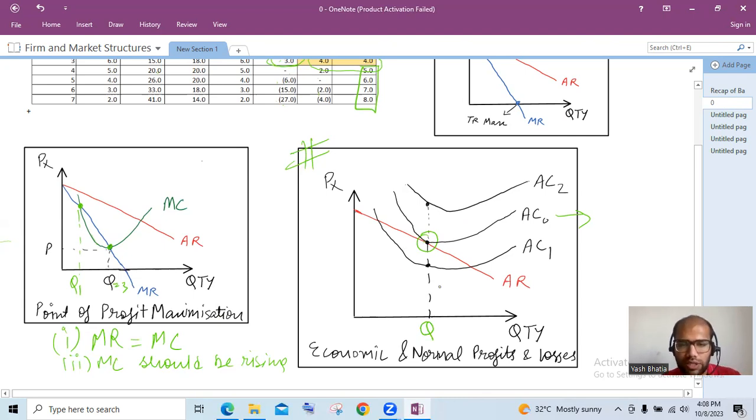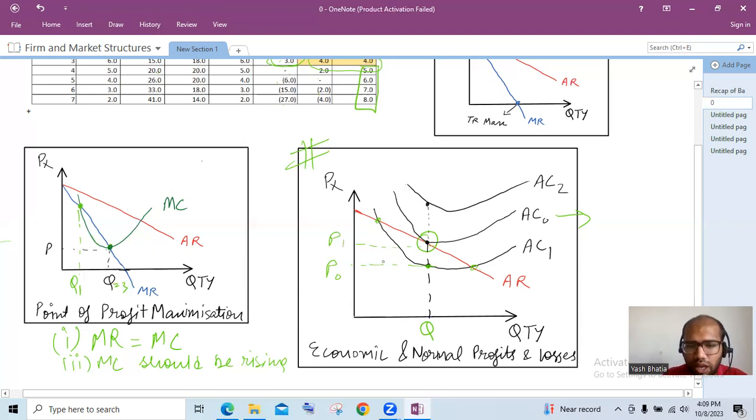Now, let us suppose at this same quantity, we are manufacturing at the AC1 curve. Our average cost curve looks like this. It cuts AR at 2 points. Then what is the case here? You see, if you are operating at this price P, your average cost is this one, P0, and your average selling price is this P1.